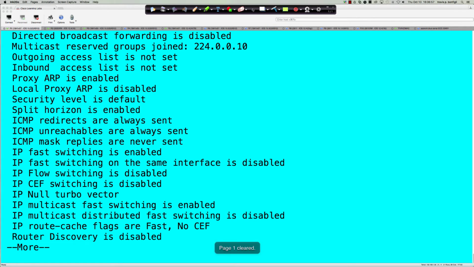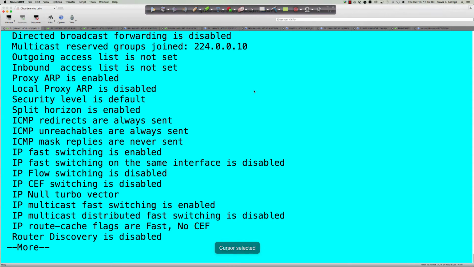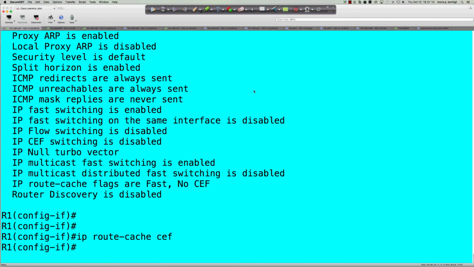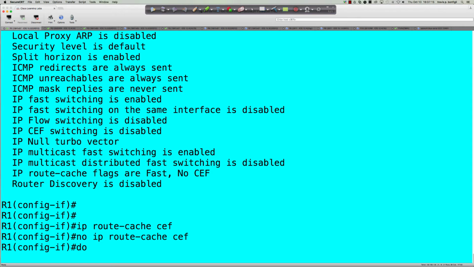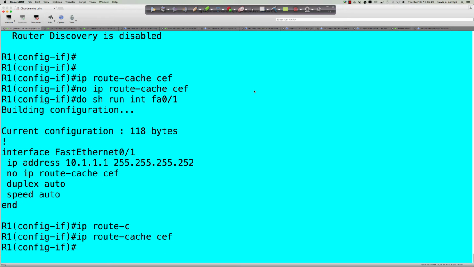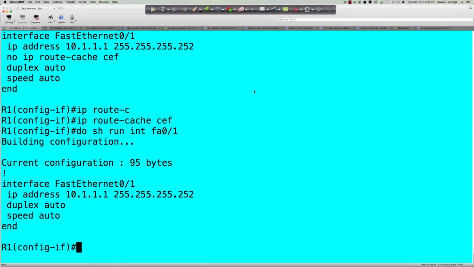So here's a question. If I turn CEF switching back on, and this is always an interesting use case, I simply say ip route-cache cef. Now, and actually let me go back to the no real quick. So no ip route-cache cef. If I say do show run interface Fa0/1, we see no ip route-cache cef. When I turn that back on and say ip route-cache cef, and then rerun the do show run, it's not there.